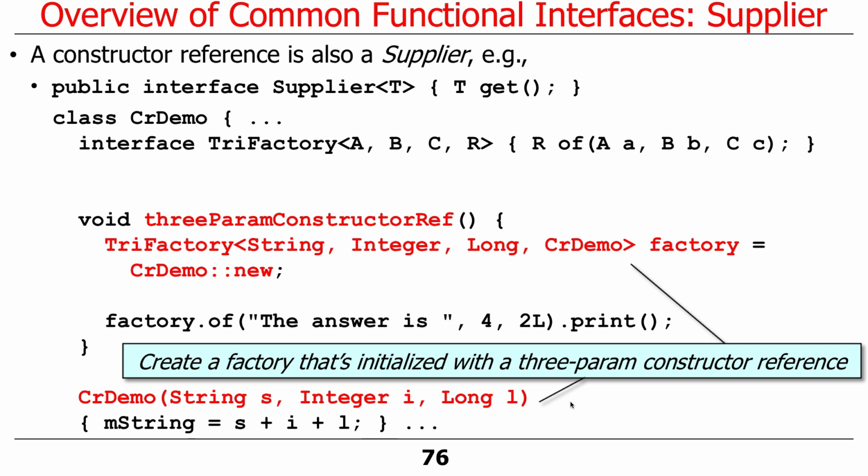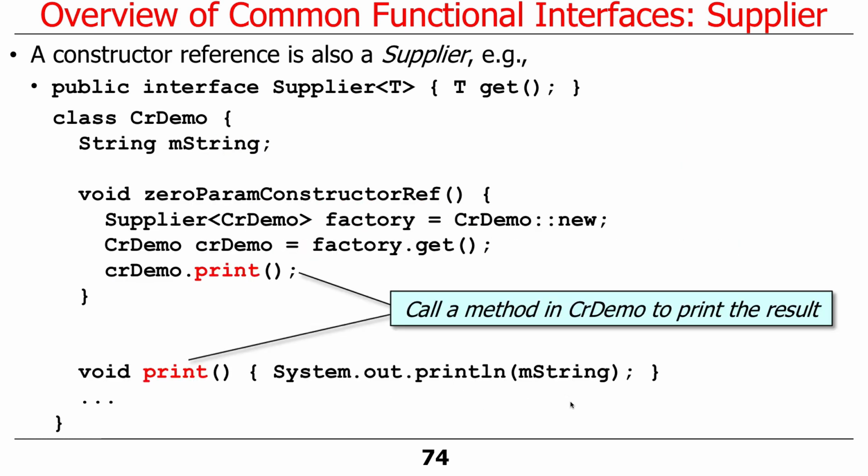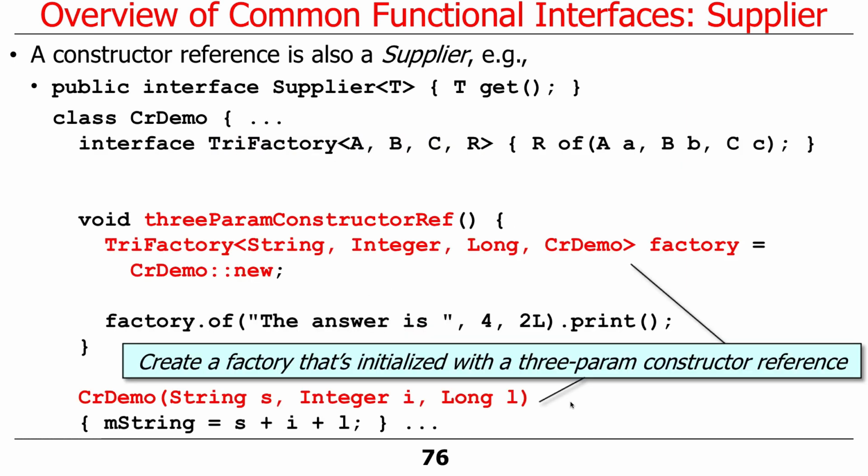Now let's come down here and look at the 3-param constructor ref method, which is just there for testing purposes. And you can see here that it takes CRDemo::new, same name as we had on the other slide. Remember on the other slide we called it CRDemo::new, except that time it was referring to the 0 parameter constructor, the default constructor as we might call it in C++. So this new actually refers to this constructor.